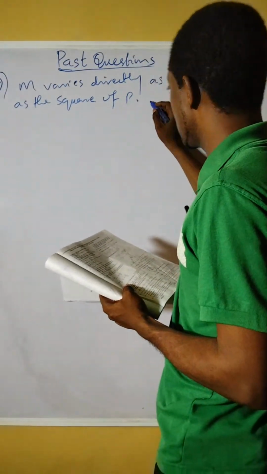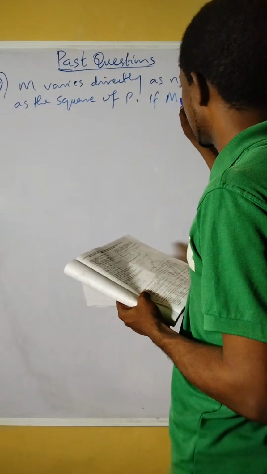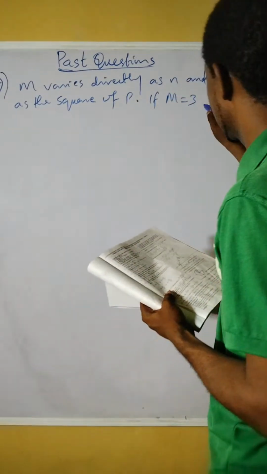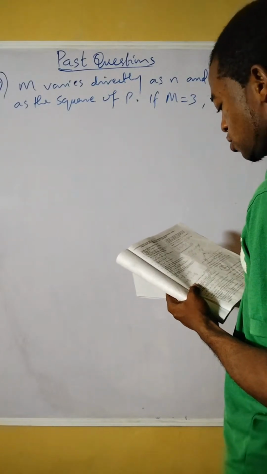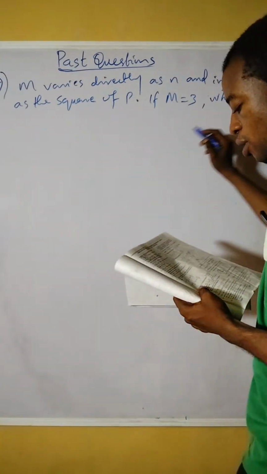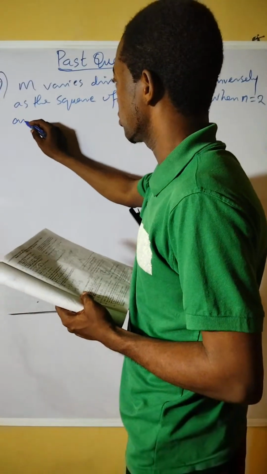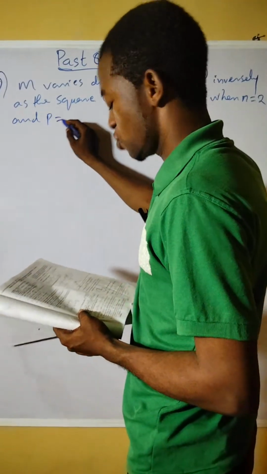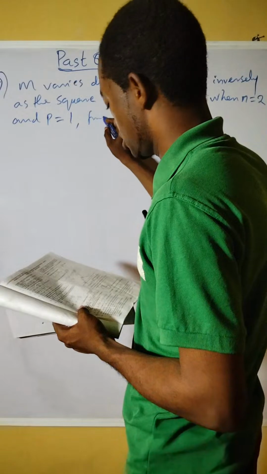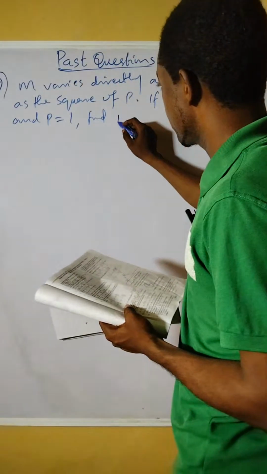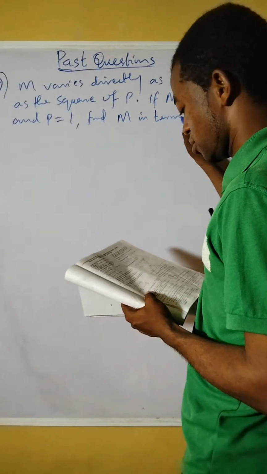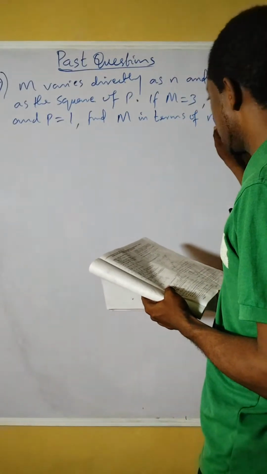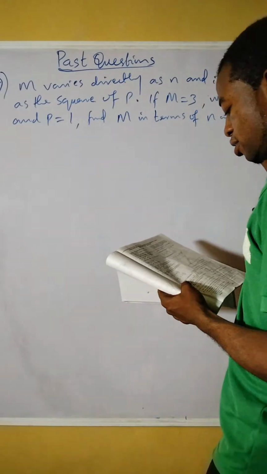If m is equal to 3 when n is equal to 2 and p is equal to 1, find m in terms of n and p.